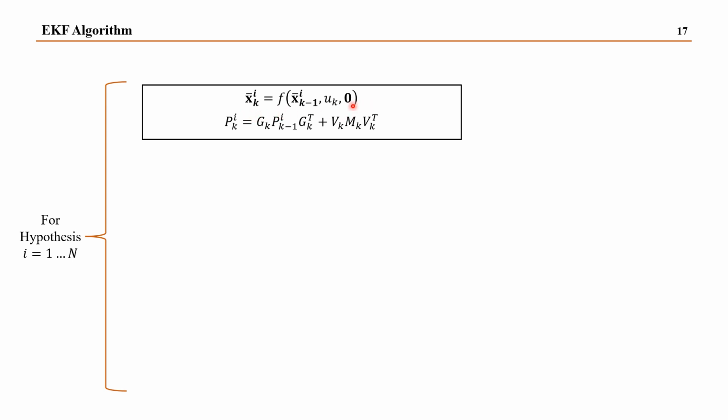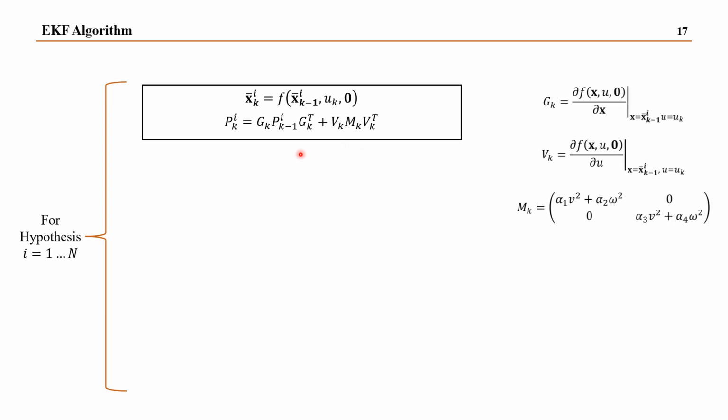Of course, we assume that we don't have any idea of what the noise is, so we just update using the nominal commands. We also update the covariance matrix pki using the usual Kalman prediction step. Here we have the matrix Gk and the matrix Vk.